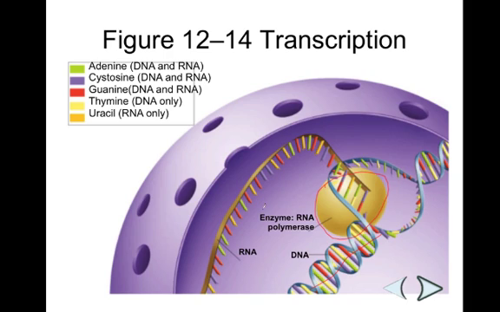And what's going to happen is this RNA here is going to hook up and copy the DNA. So the mRNA is going to make a strand that is complementary to that DNA. And notice that uracil is only found in RNA. So we would find uracil on this strand instead of thymine.